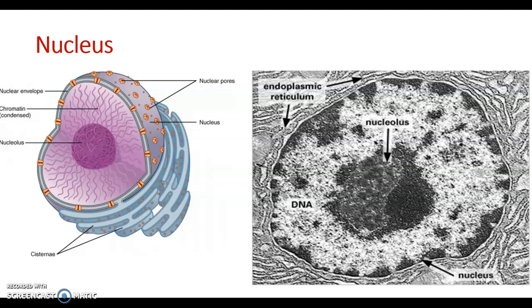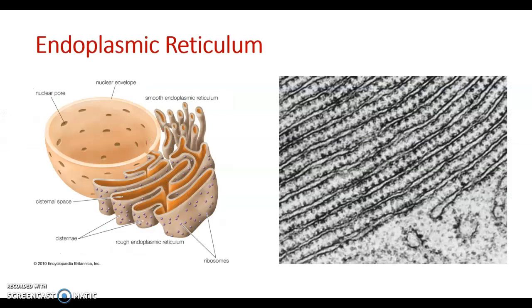Once the nucleus is ready to send RNA out with a message, it will travel through the nuclear pores and go to the endoplasmic reticulum. The endoplasmic reticulum is made up of a network of channels that connect the nuclear envelope to certain other organelles.